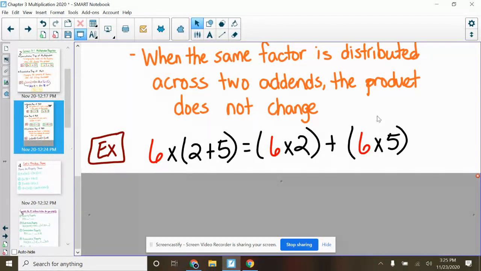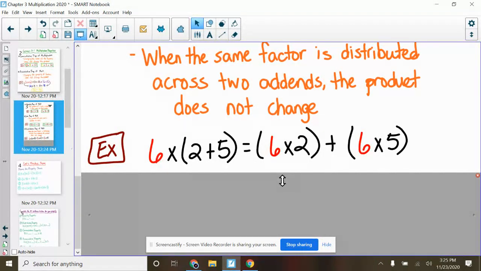So on this side I'm going to end up with a product plus another product, because a product is the answer to a multiplication problem. Over here, I'm going to end up with a sum, because that's what I get when I do this parenthesis first, a sum that I have to multiply by a factor.